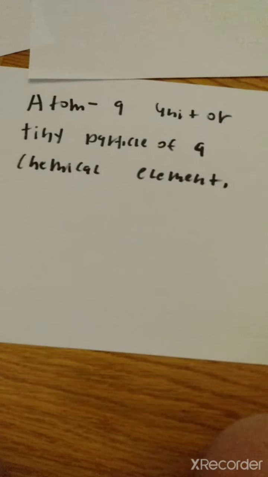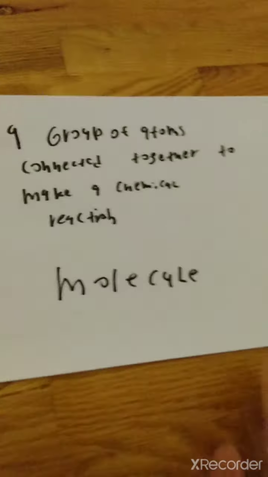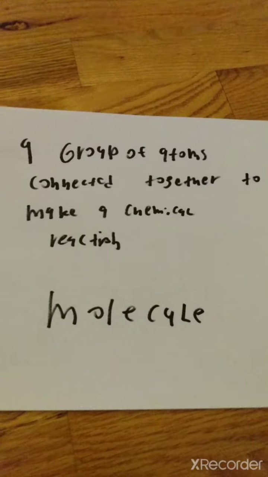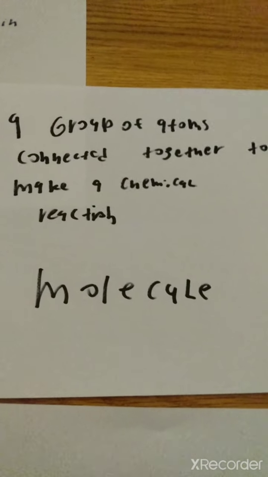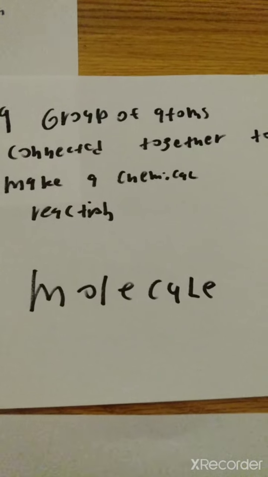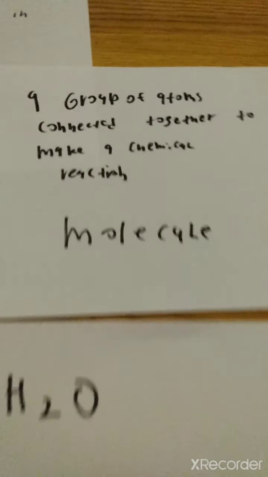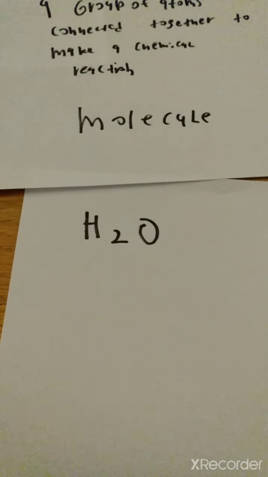The other definition that we're going to be reviewing is called a molecule. A molecule is a group of atoms connected together to make a chemical reaction. Here's an example of a chemical reaction, and here's an example of a molecule. A molecule has multiple atoms connected together. So we have H2O as the formula.